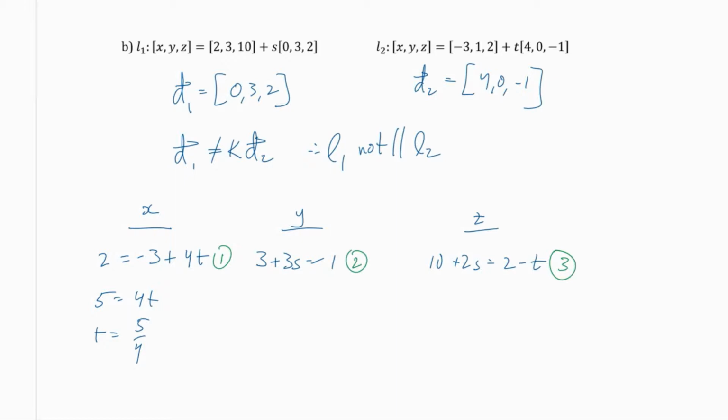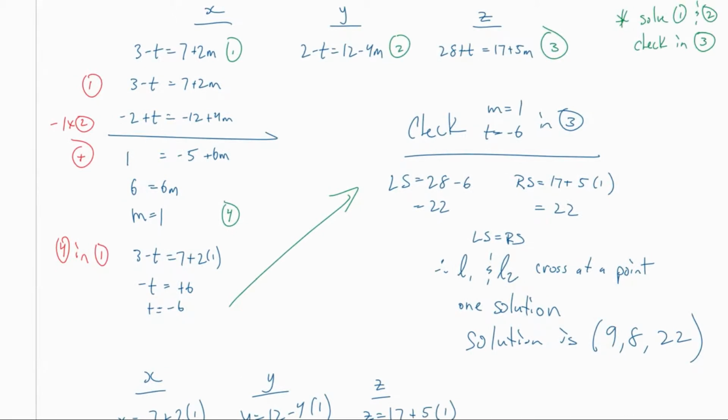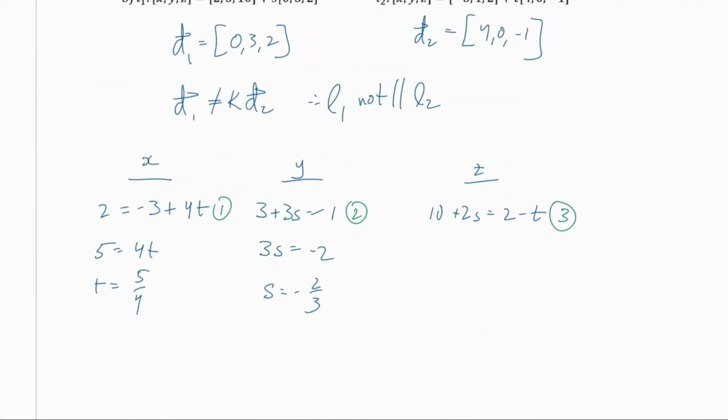So I'm going to subtract 3 from both sides in equation 2, and I get 3s equals negative 2, and s is negative 2 over 3, right? So I've already found the t and the s. This is what I did before, but it took me more work because I had to actually solve the system. Just because of how this one worked out, I didn't have to do all that work.